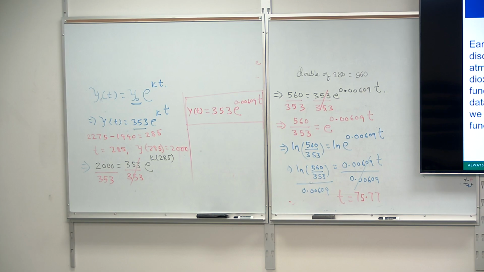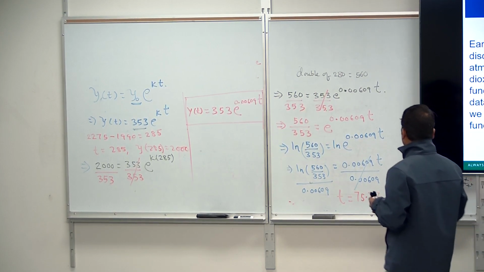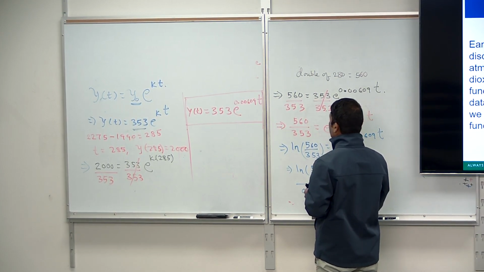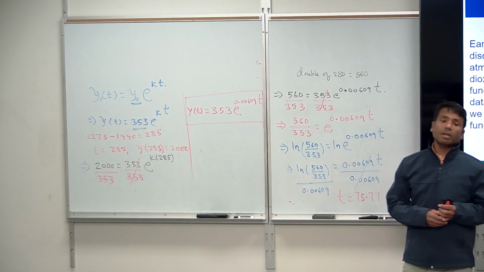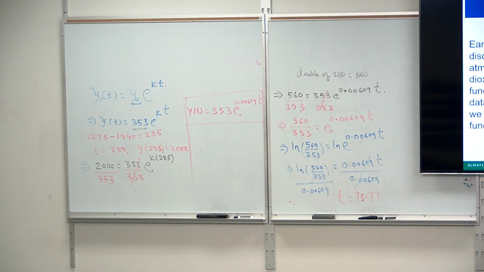So if you consider x equal to 0 corresponds with 1990, you add this to 1990. So 1990 plus 75.77. That's going to be during 2065. Is that right?